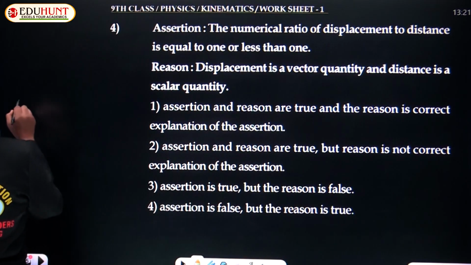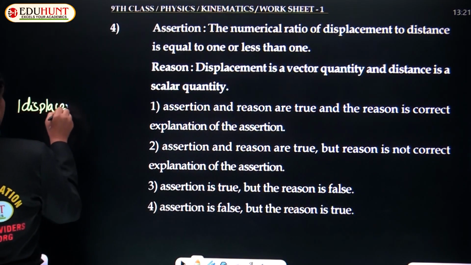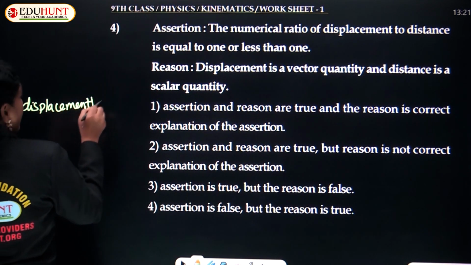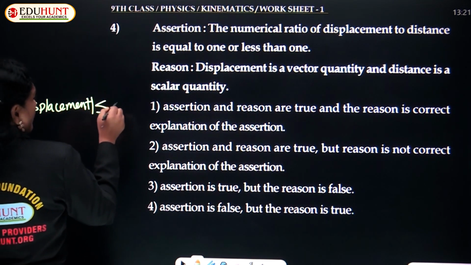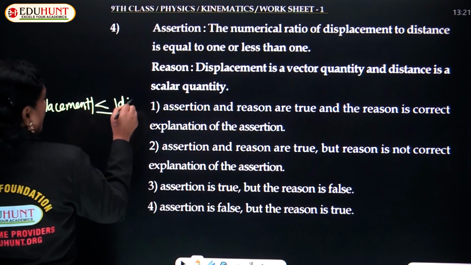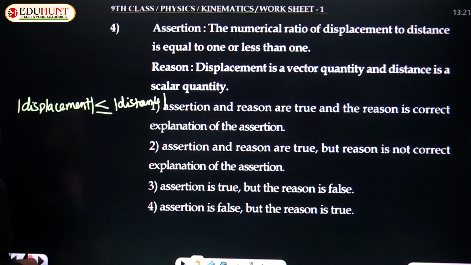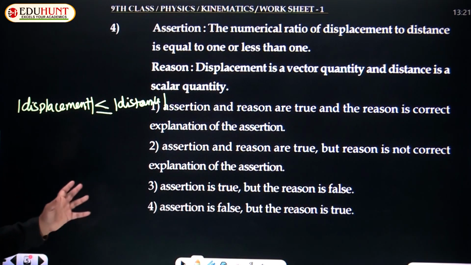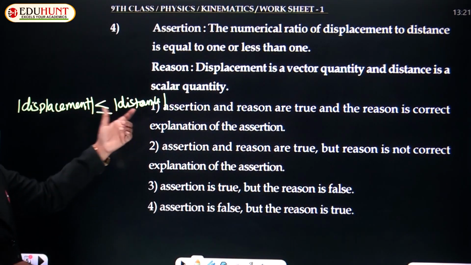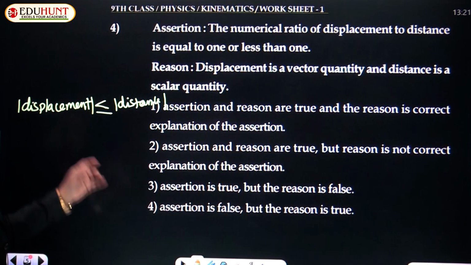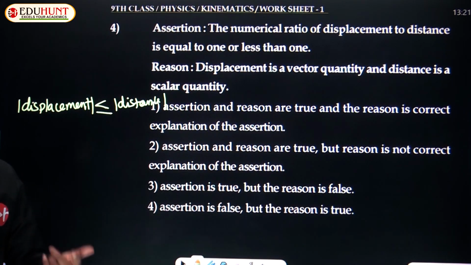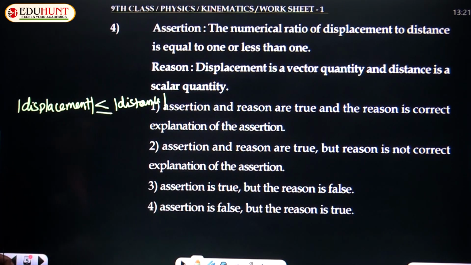So, the magnitude of displacement is either less than or equal to the magnitude of distance, because distance always takes positive values, whereas displacement can be negative, positive or 0.